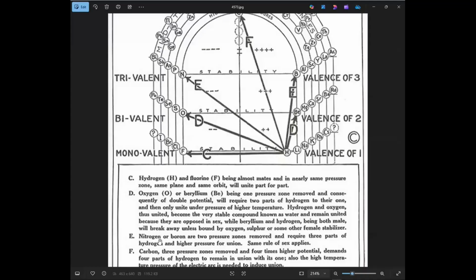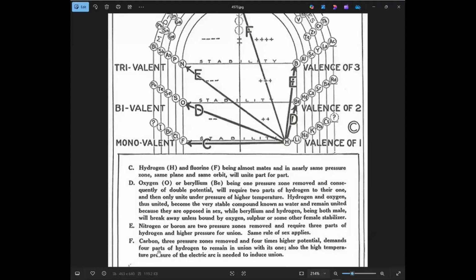Now we look at E. Nitrogen or boron, so we have nitrogen up here on the E line and boron right here on this E line. They are 2 pressure zones removed from hydrogen and require 3 parts of hydrogen, and they require higher pressures to melt them together. And it says the same rule of sex applies.